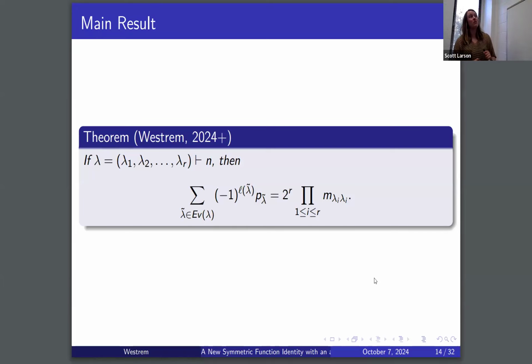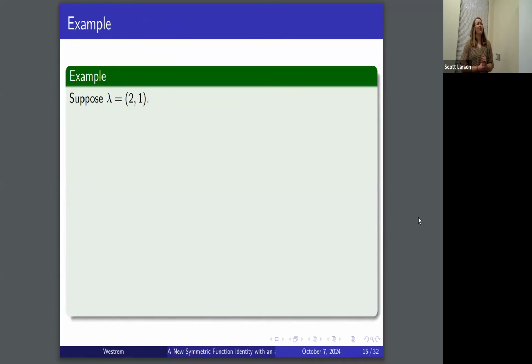All I'm left with is the product of monomials of the form m sub lambda i, with this extra factor of 2 to the r, where r is the number of parts. It's pretty fascinating that all of these terms cancel down to exactly one term here.